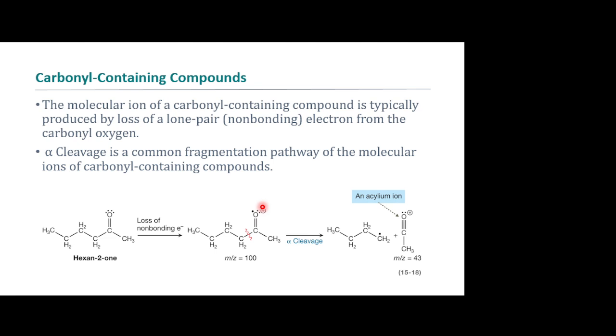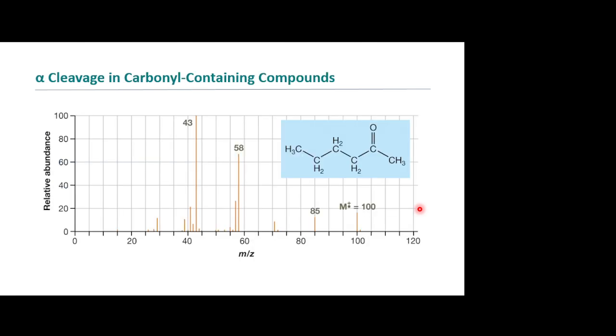Then alpha cleavage is your most common fragmentation pathway, typically producing your base peak. That's where we fragment off on the other side of the carbonyl, losing part of the chain. Notice that typically goes away with your positive charge, and that's your m/z 43 in this next spectrum right here.